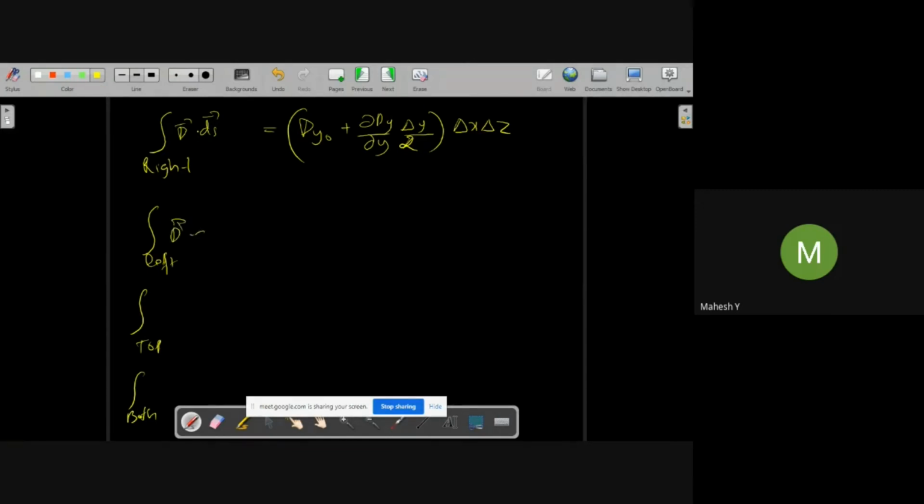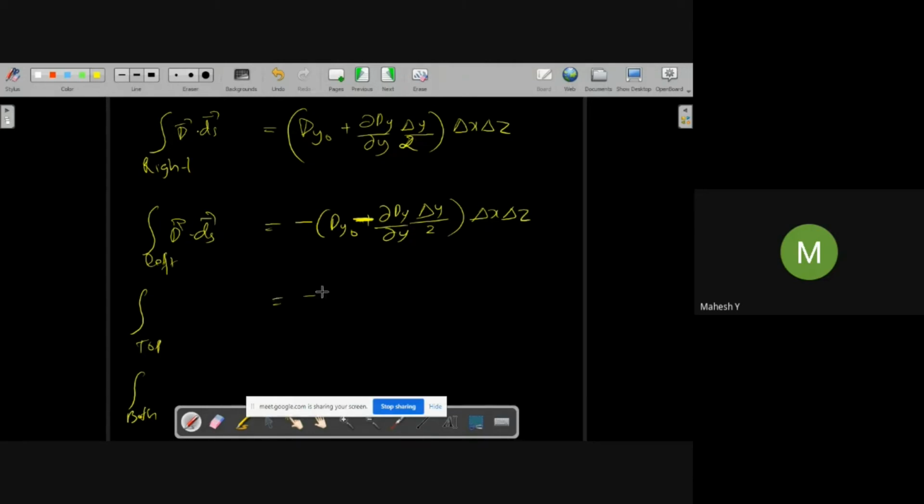Left d dot ds I can directly write as minus dy0 minus dou dy by dou y into delta y by 2 into delta x delta z.